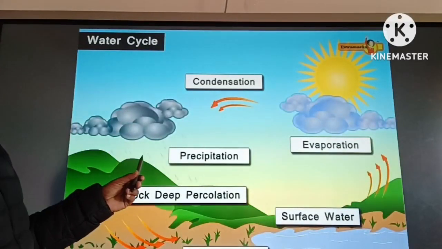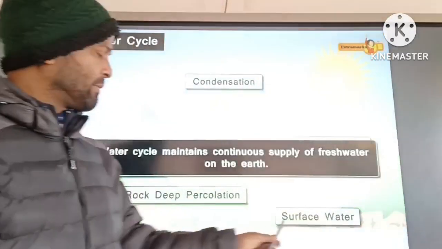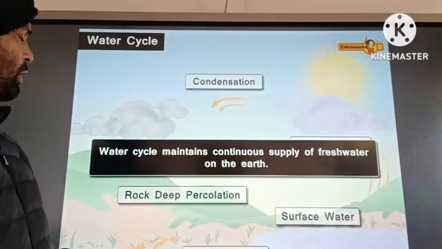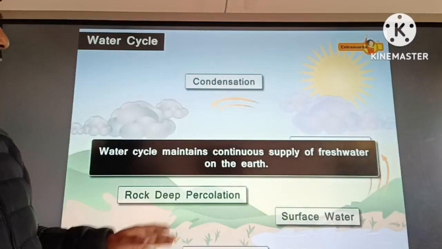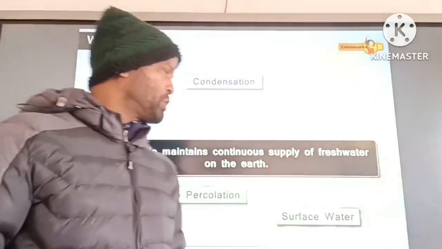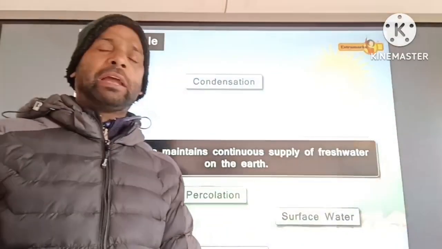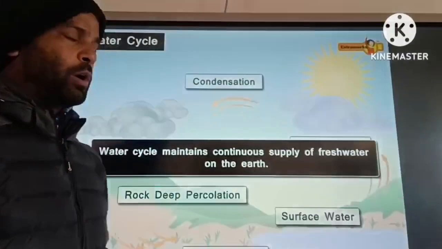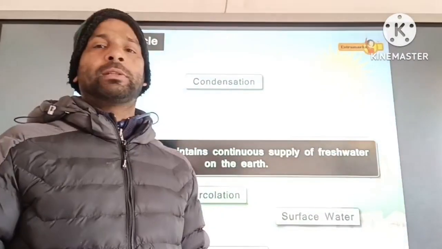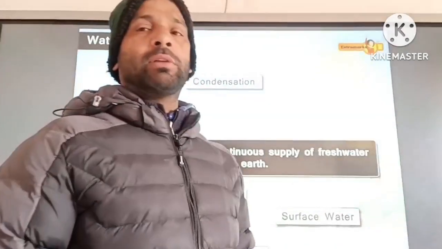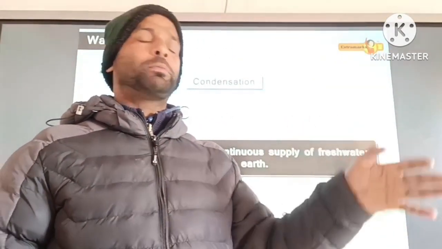There are different types of processes: condensation, evaporation, surface water, groundwater, rock, the water cycle. This water cycle maintains a continuous supply of fresh water on the earth. How can it be fresh water? Because the rain water is formed on the earth by different processes.